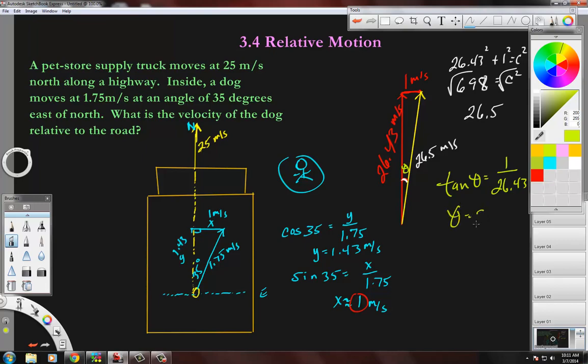So theta is about 2.2 degrees or 2.17 degrees. And that would also be east of north. So our final answer is 26.5 meters per second at a 2.17 degree angle east of north.